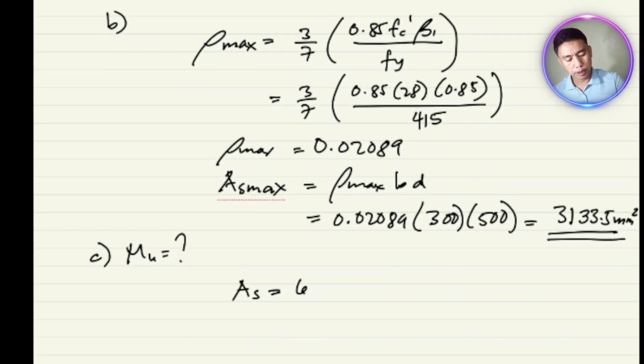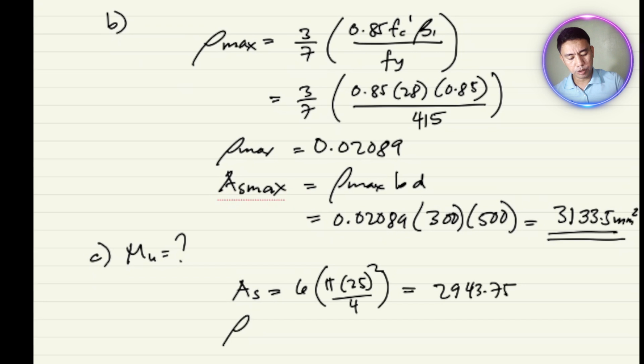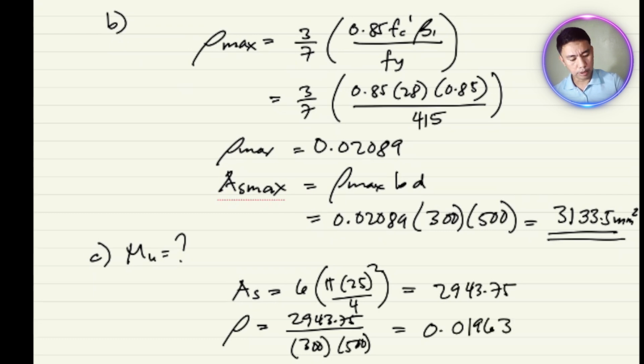So this is 6 times the area of 25 mm, pi times 25 squared, pi d squared over 4, right? Over 4. Okay. So we have in AS 2943.75. That means we can solve our actual rho. Our actual rho is 2943.75 over 300 times 500. This is equal to 0.01963. Okay.